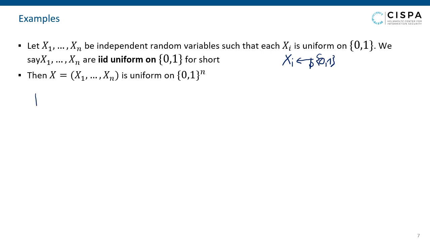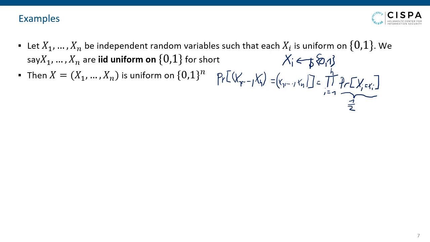Well, we say that x1 to xn are, let's maybe do this over here on this side, x1 to xn are independent, so the probability that uppercase X1 to Xn equals lowercase x1 to xn is just, by independence, the product from i equals 1 to n of the probability that uppercase Xi equals lowercase xi, but we know each of them is just 1/2.